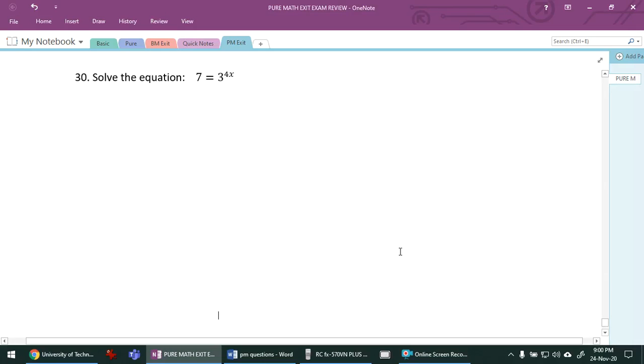Question number 30. Solve the equation 7 equal to 3 power 4x. Here we can find that x is in the power. If the variable that we have to find is in the power, then the only method is to take logarithm. Take log on both sides.